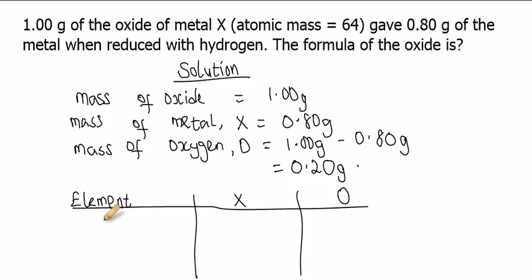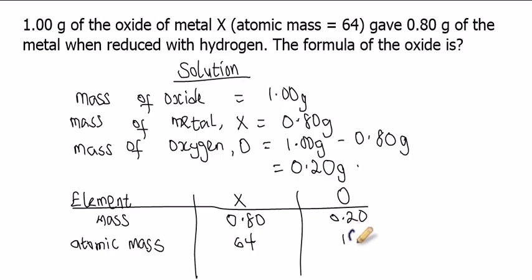So the first thing we'll be stating here is the mass. So here we say mass. From the question, mass of X is given to be 0.80 grams, and for oxygen, we got 0.20. Then the atomic mass for X is given to be 64, while oxygen, as we all know, is 16.